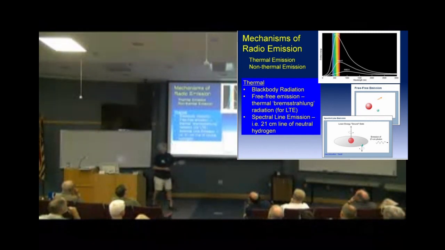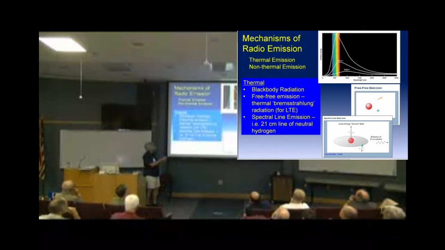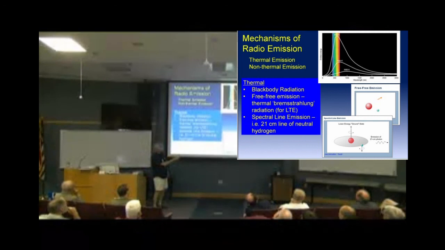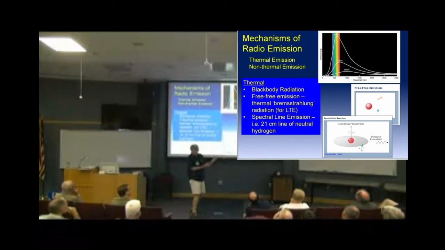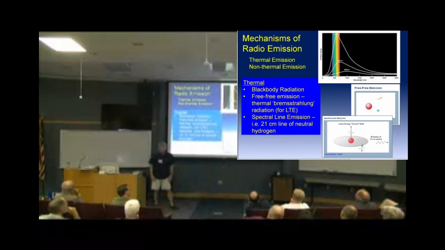The answer is yes, but as most of you know, you've got to get something extremely hot, because of these black body curves, when you go out here to radio waves, way over here, something at 5,000 or 6,000 Kelvin, as hot as the sun, is going to emit basically zero radio waves thermally. You've got to get something to millions of degrees before it's going to be hot enough to emit enough radio waves.